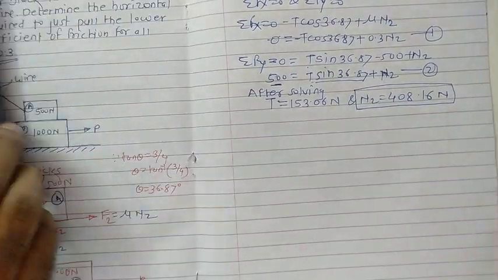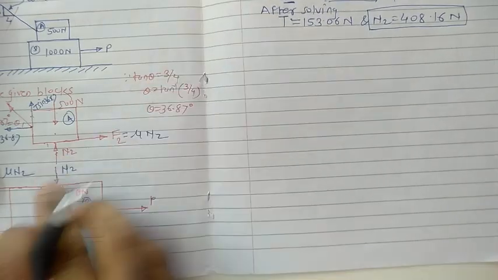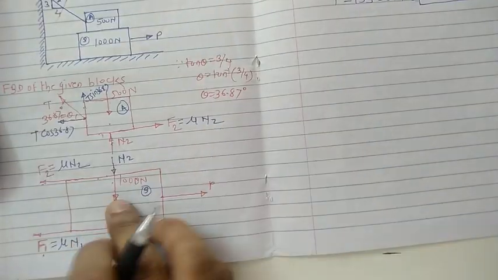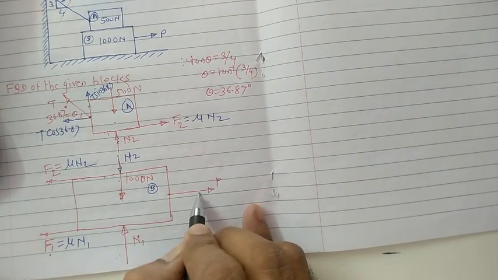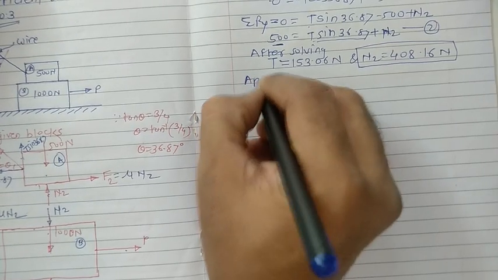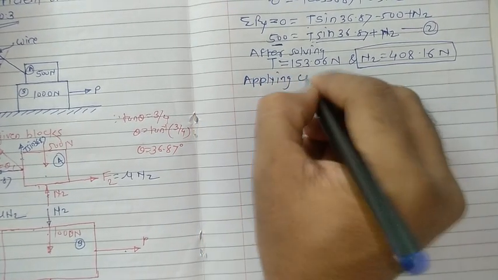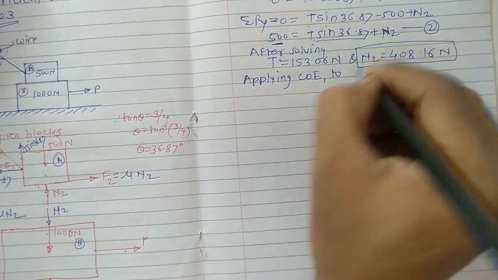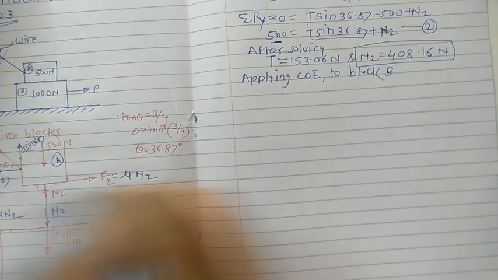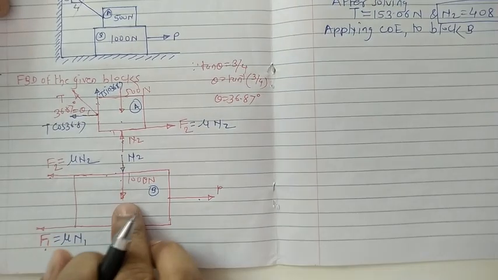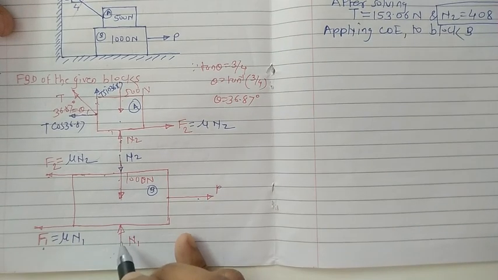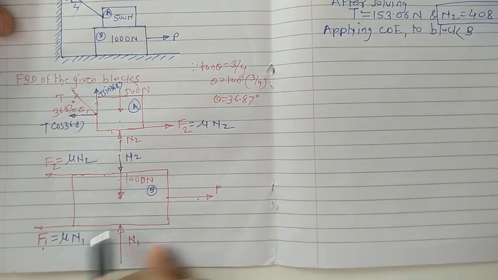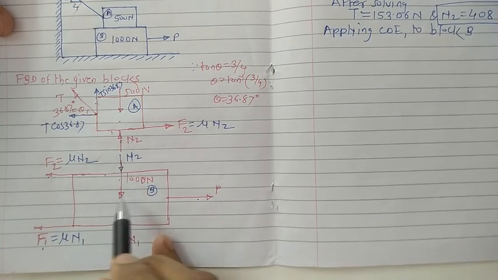Now apply the conditions of equilibrium to the next block. The next block is here. My target is to get the value for P. For that, I just focus on the two equations with us, applying conditions of equilibrium to block B. Now focus on block B. Here the forces with us are N1, N2, and this one.